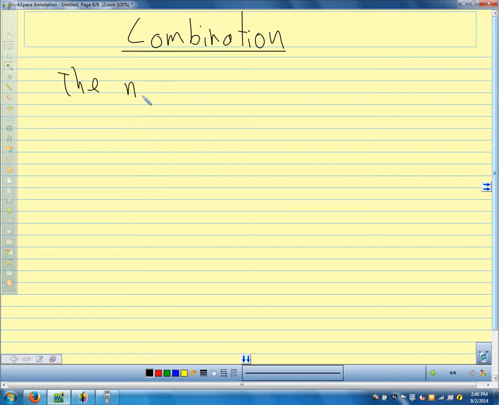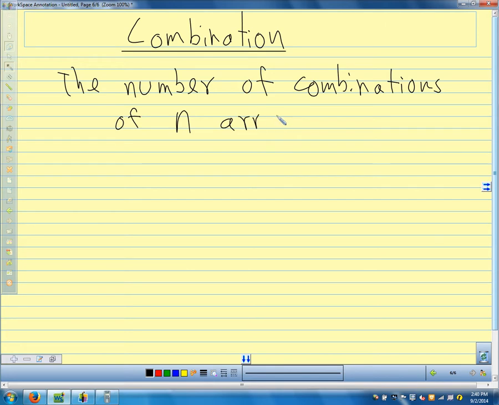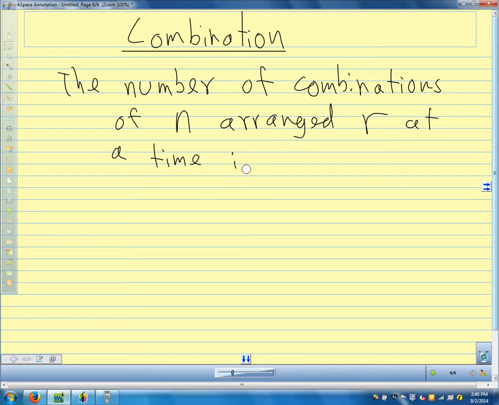So the number of combinations of n things arranged r at a time. So we're taking a smaller group out of a bigger group is, and we write nCr. C for combination.